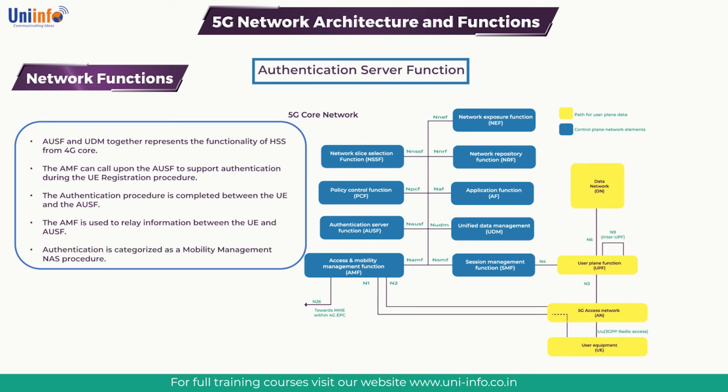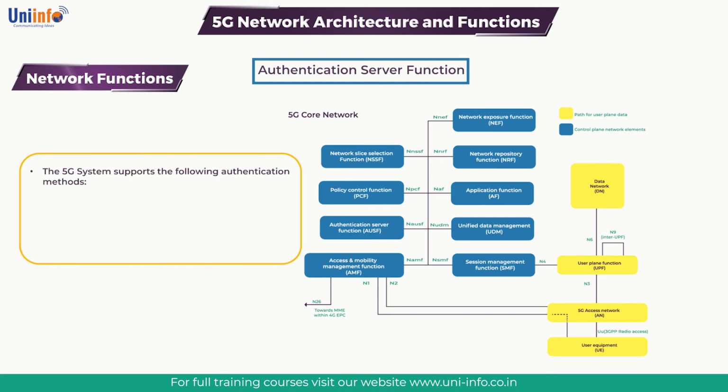Authentication is categorized as a mobility management NAS procedure. The 5G system supports the following authentication methods: EAP-AKA', which is a revised version of EAP-AKA. EAP is an acronym of Extensible Authentication Protocol, whereas AKA is an acronym for Authentication and Key Agreement.